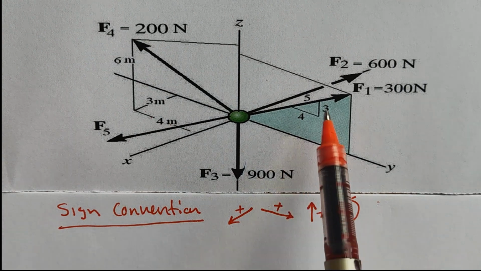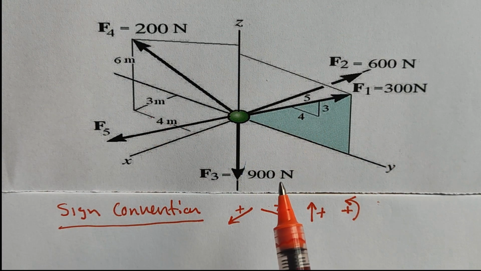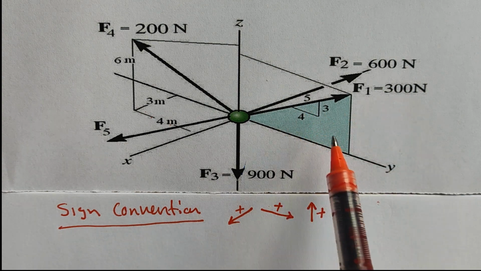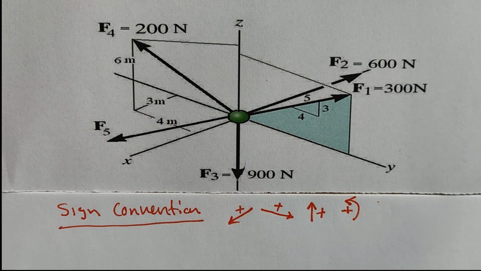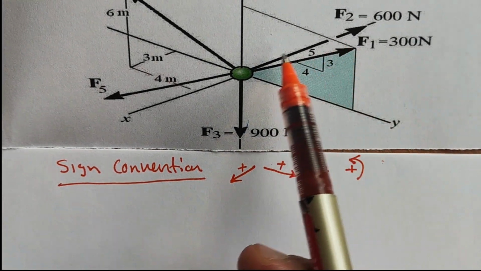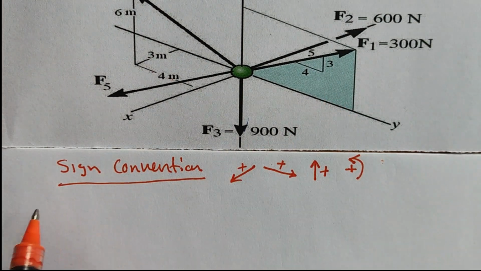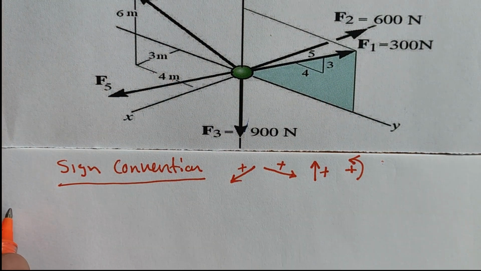We're starting, of course, by drawing a free body diagram. We can represent all of the forces together, or we can represent each force separately. But in this case, I'm going to solve the question as if this is my free body diagram for F1. So the Cartesian form for F1 equals 300.